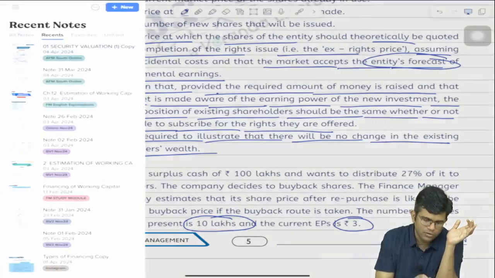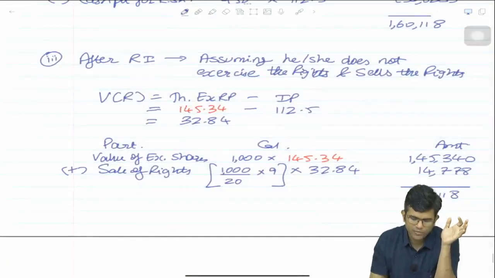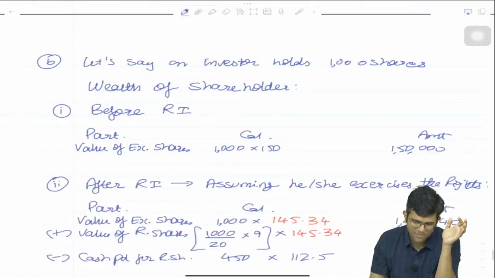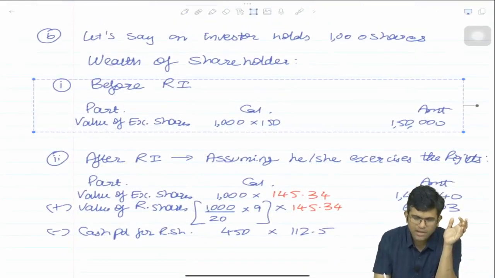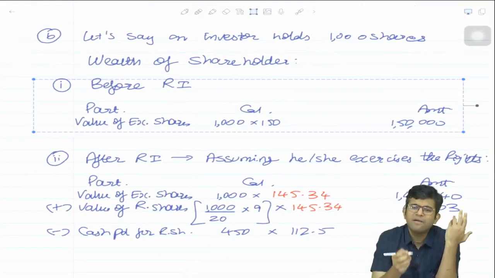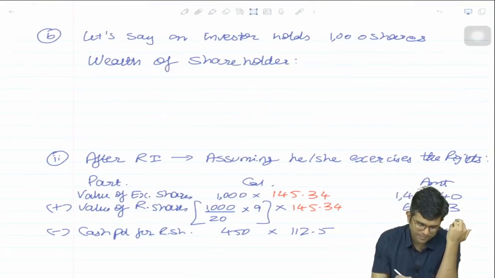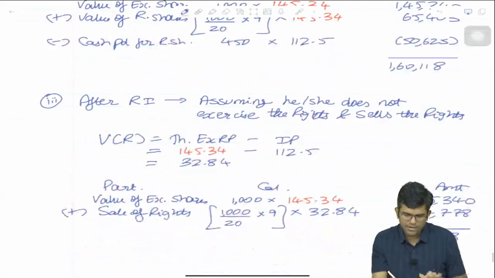Since they are not asking me before versus after, I hope you are understanding, I will not show this. This is not required. What my wealth was before the rights issue is irrelevant. Everyone clear? The only relevant part is after the rights issue, if I subscribe or if I don't subscribe.